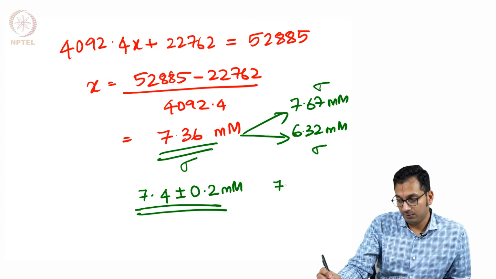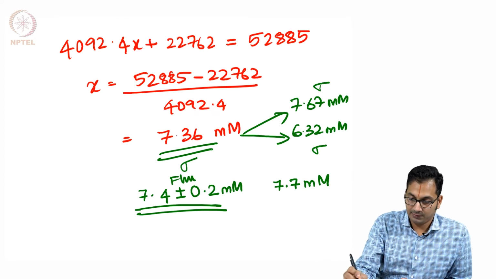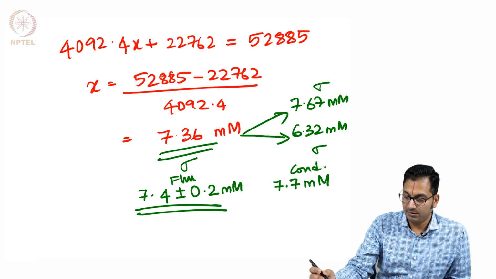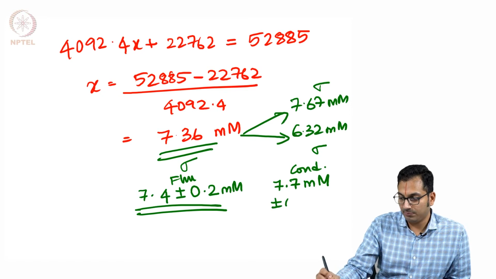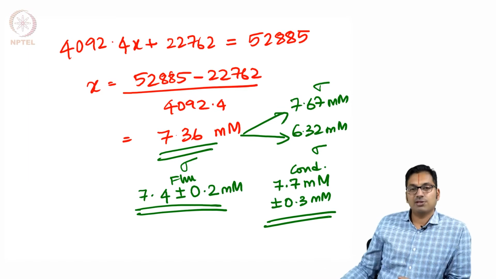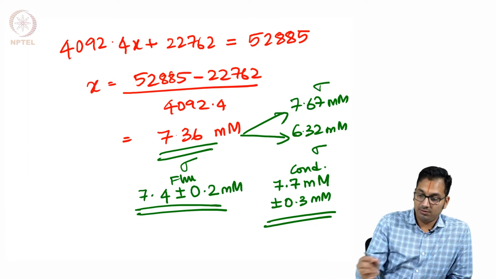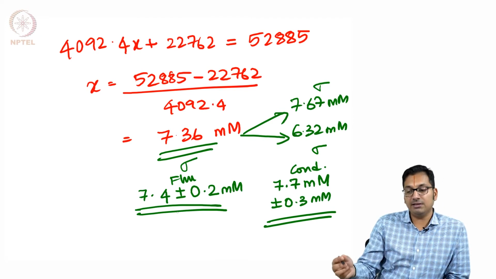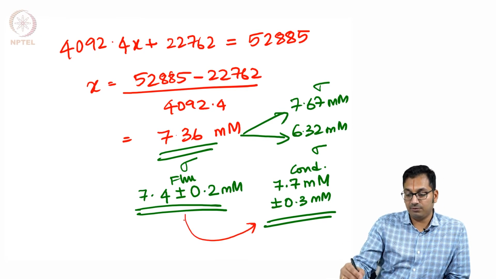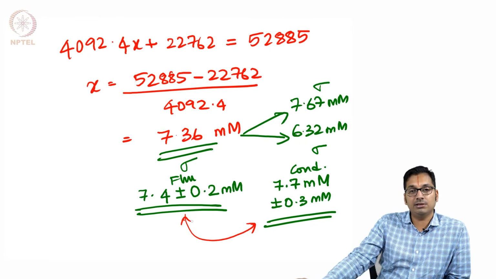With reliable measurements, this is fluorimetric, this is conductometric, where the student ended up getting plus or minus 0.3 millimolar. So after a thorough analysis, you realize that repeating the same measurement in 2 different ways helps you ascertain what the true value is.